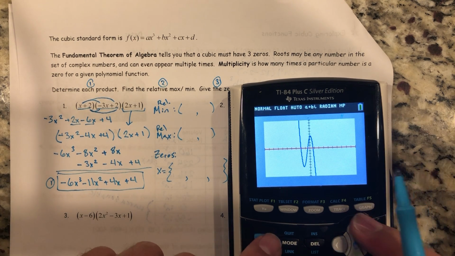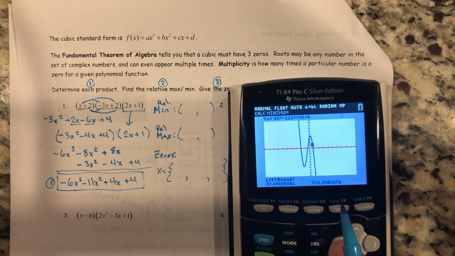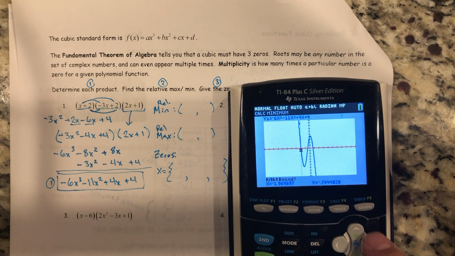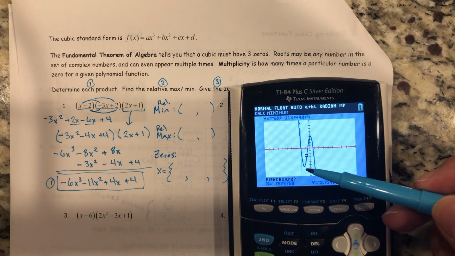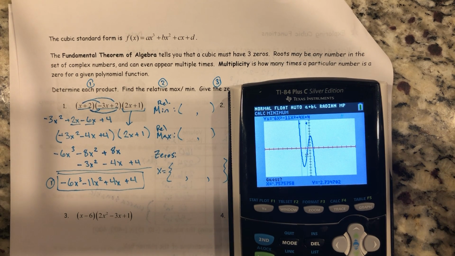So to find that, second, trace, minimum, and then you move that cursor to the left of that curve, anywhere to the left of it. You hit enter 1 time. Then it asks for the right bound. So move it to the right of that curve right there. Hit enter, and then it asks for a guess. So you hit enter 1 more time.